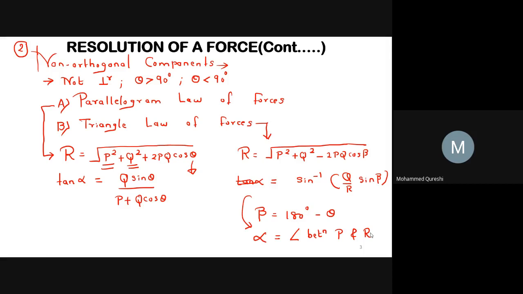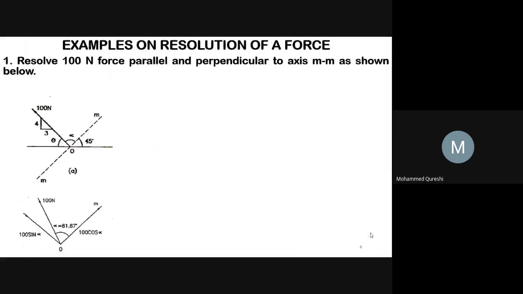Now, we will solve examples on orthogonal and non-orthogonal components. So, first example, what is given? Resolve 100 Newton force parallel and perpendicular to axis MM as shown in the figure.